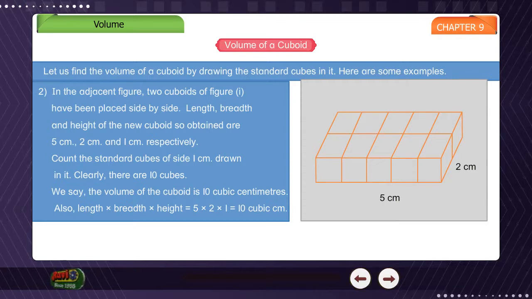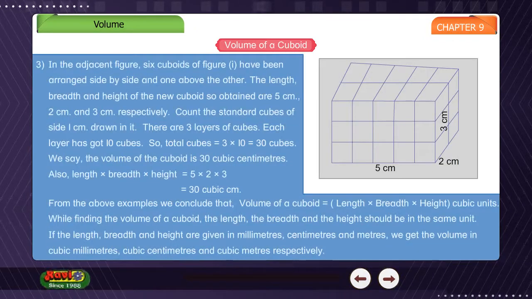Clearly, there are 10 cubes. We say the volume of the cuboid is 10 cubic centimeters. Also, length into breadth into height is equal to 5 into 2 into 1, which is equal to 10 cubic centimeters.